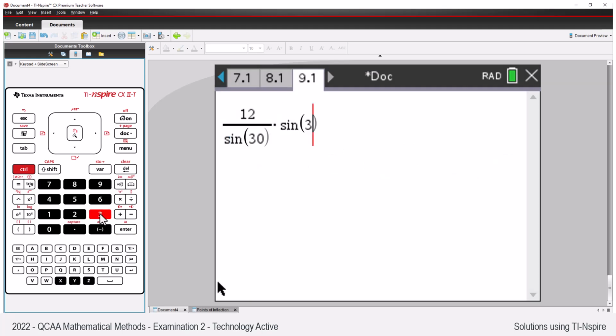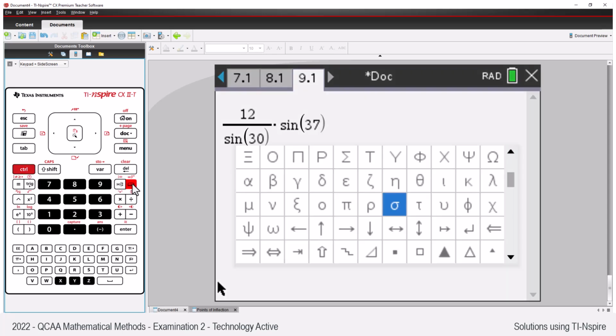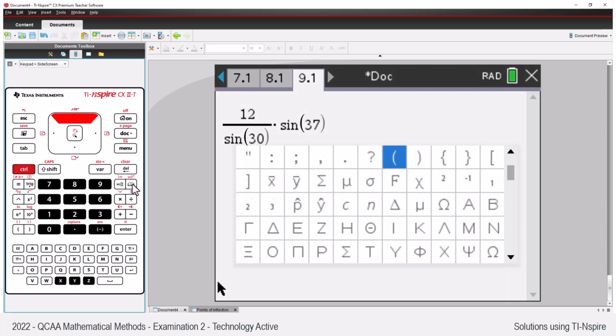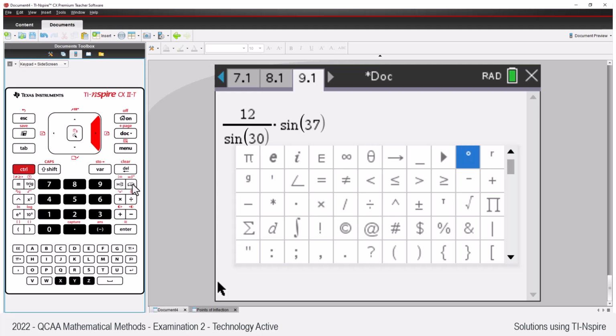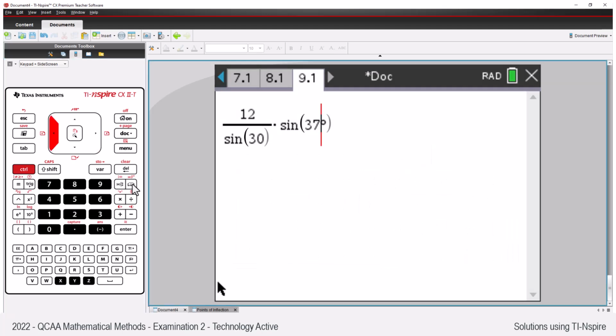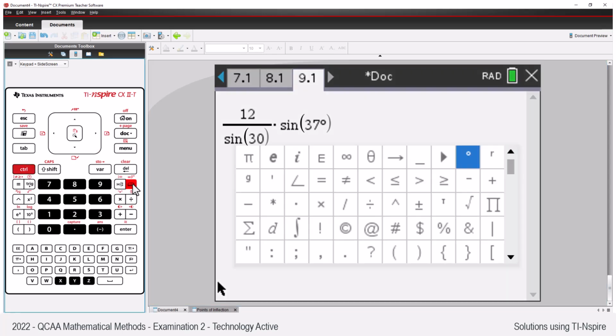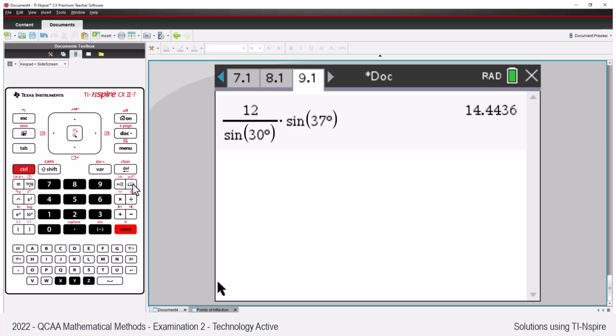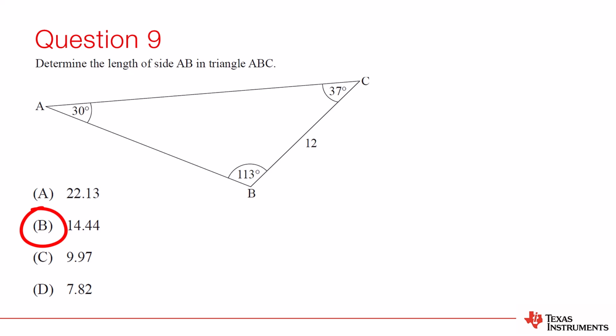As my calculator is currently in the radian mode, I could swap across to degrees for this question, or just add the degree symbol to each angle. We confirm the result of 14.44 being option B.